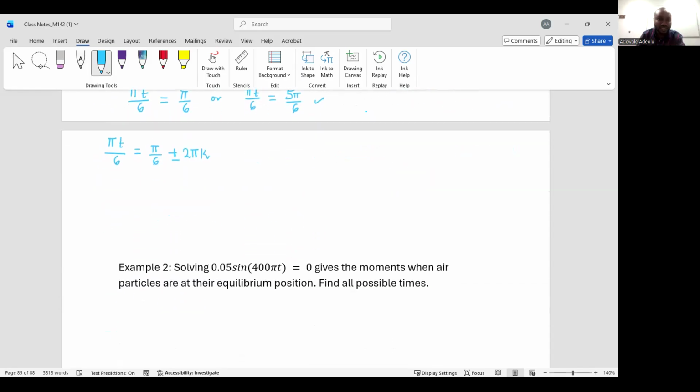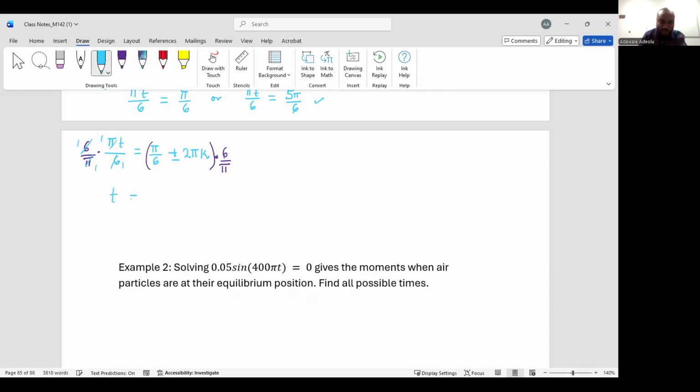So now in this case, I can say, well, let me multiply this by 6 over pi so that I will have just t. So again, I will multiply also this side by 6 over pi. So what do I have? 6 over 6 cancels, pi cancels pi.